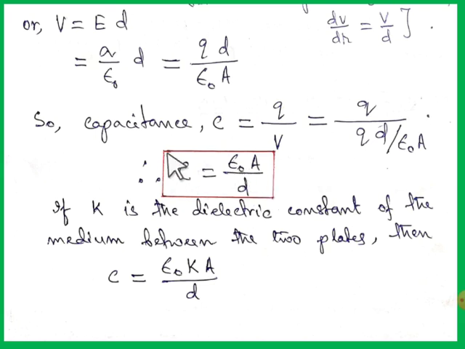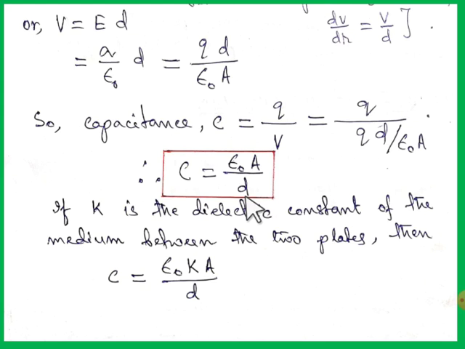So now from this last resulting expression, we have seen that capacitance is directly proportional to what? The common area of the parallel plate. If area is large, then capacitance will be large. More and more charge can be stored if area is large. If the distance between the plates is decreasing, closer the distance between the two parallel plates, more charge can be stored, okay.